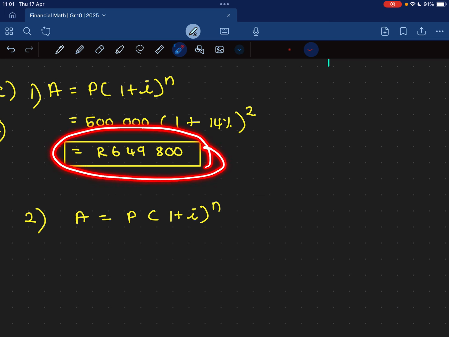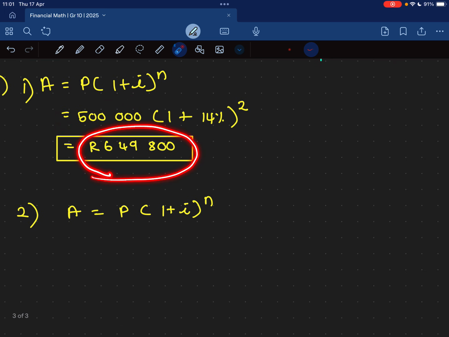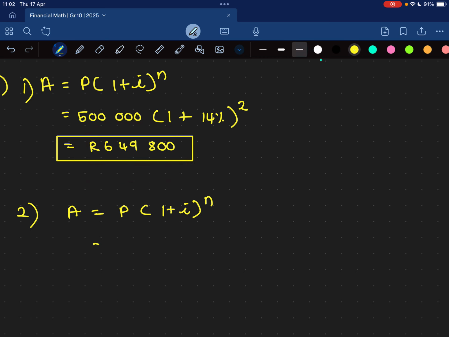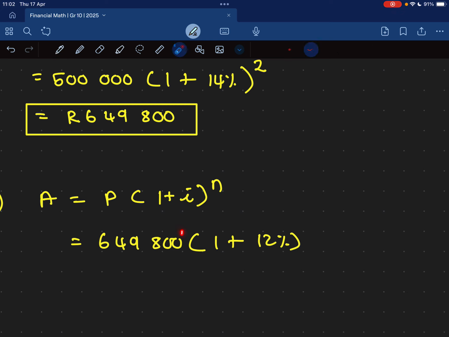If you understand how compound interest works from the previous lesson, we know that interest is calculated on the amount plus the interest. So we are not going to use the original amount for the P value here, because that amount has changed. When we calculate this, we'll say 649,800 times (1 + 12%) per annum, and this amount of money sits in that account at 12% per annum for 3 years.